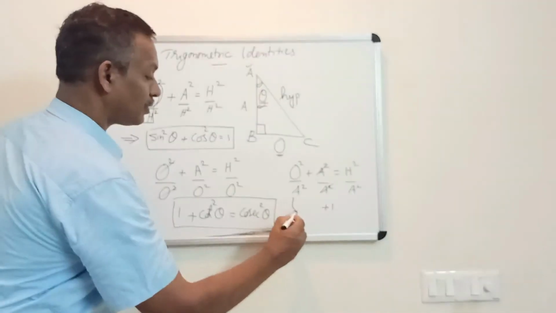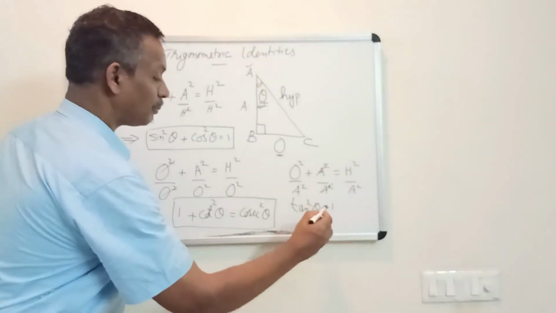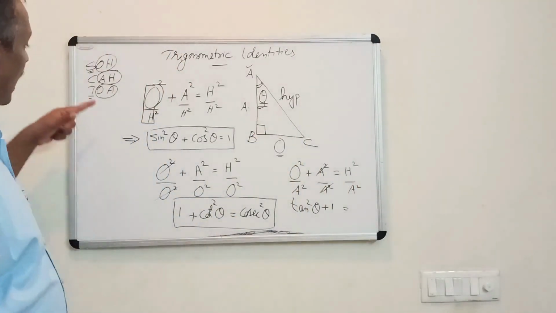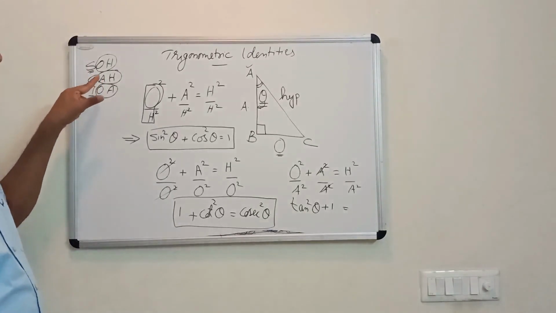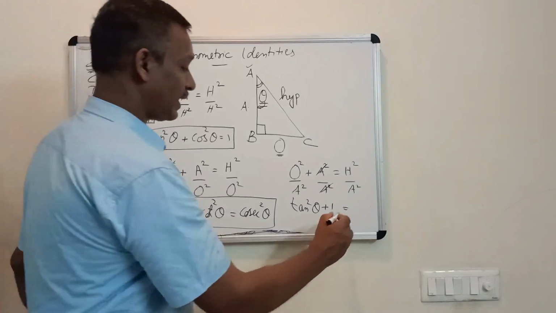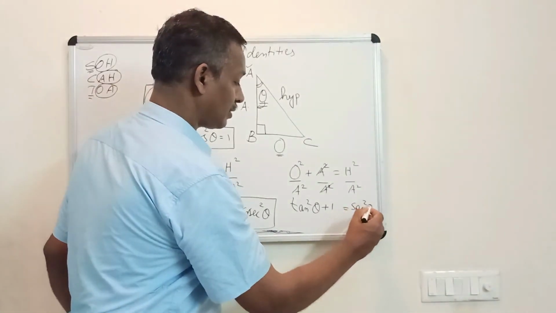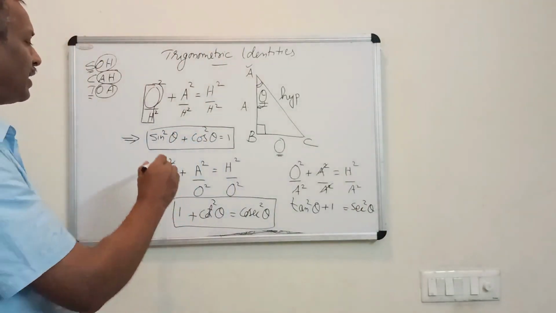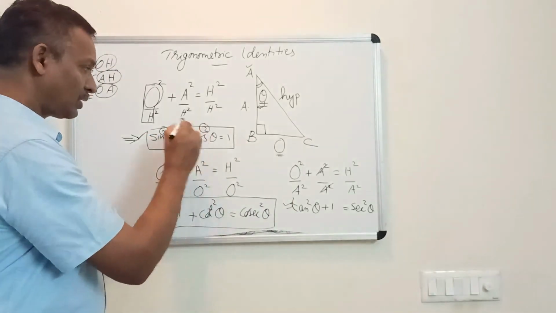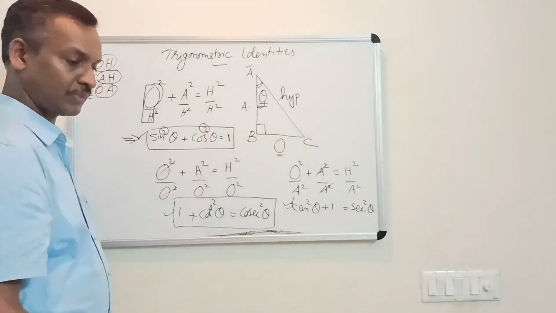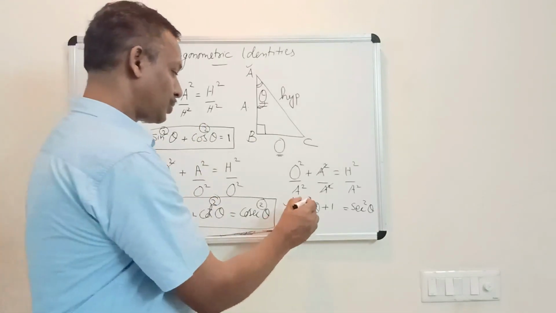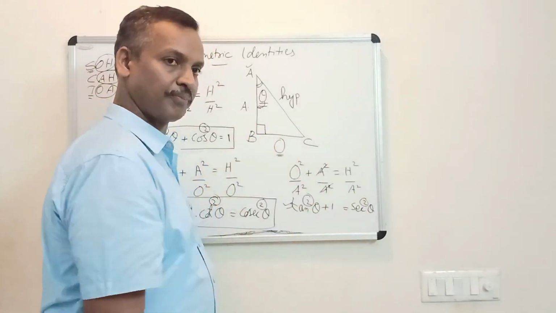So we can write tan square theta plus 1 is equal to hypotenuse by adjacent. Hypotenuse by adjacent is not here. Adjacent by hypotenuse, so it will be the reciprocal of cos. Cos reciprocal is sec. So sec square theta. So in every identity you can see two ratio squares and 1 are connected.